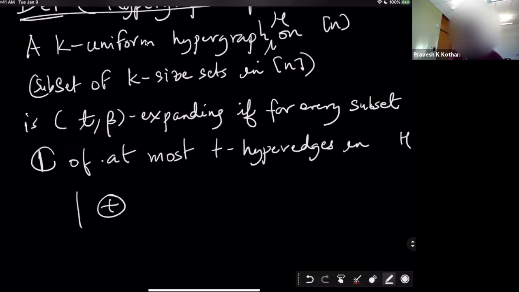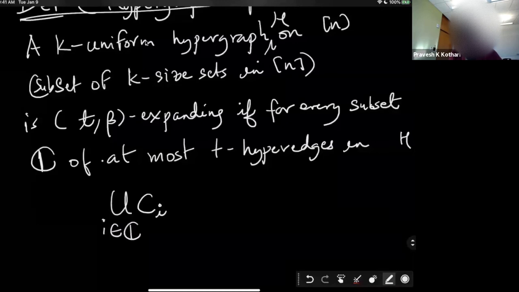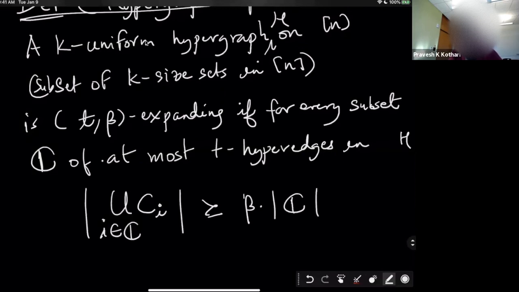the union of all the hyperedges is at least beta times the number of hyperedges.